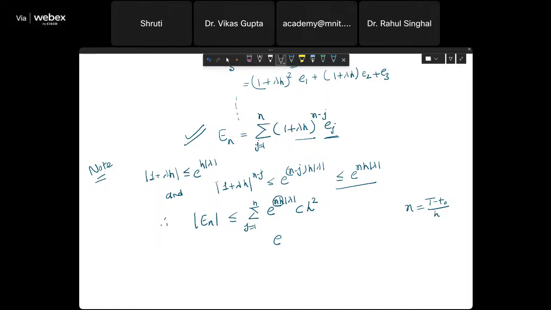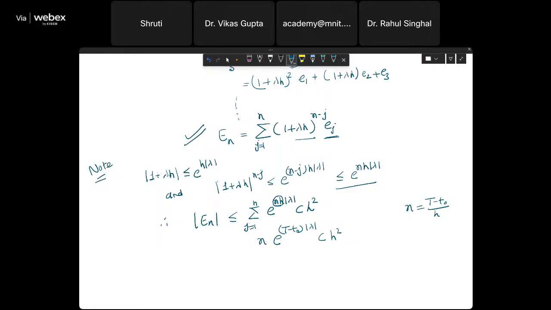Then c h square. So everything is independent of j here, and so if you use this summation, then from this summation we get simply n over here.